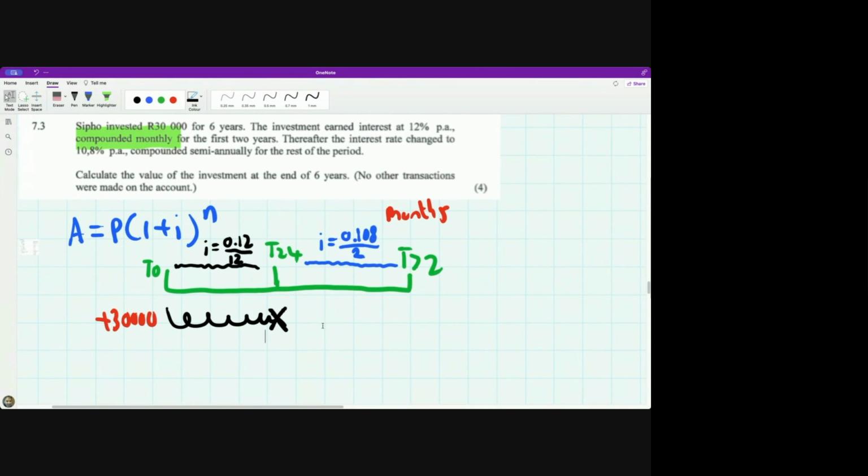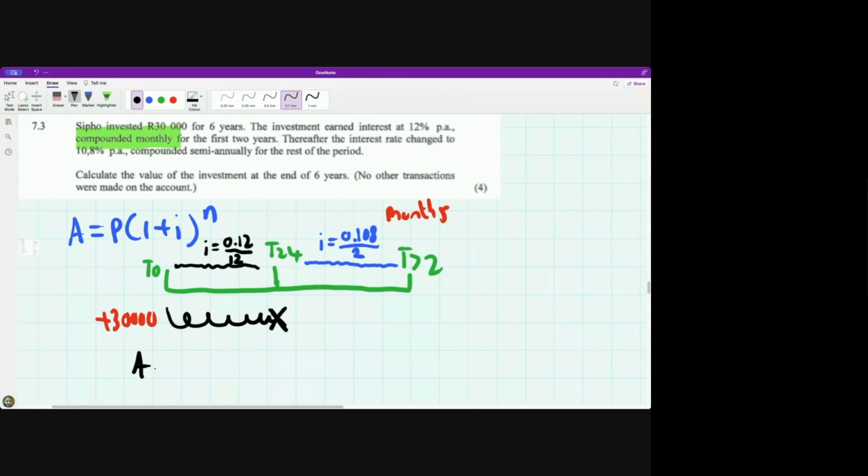Can you work that out for me? So I've got my timeline here. I've got 30,000. It has to grow. Can you work out how much money I have in the bank after 2 years? So let's think about how would I work this out.